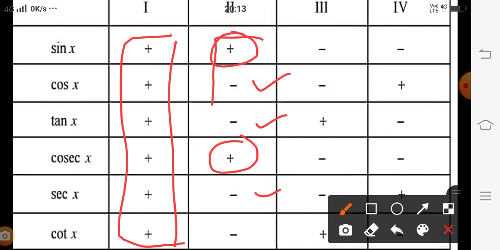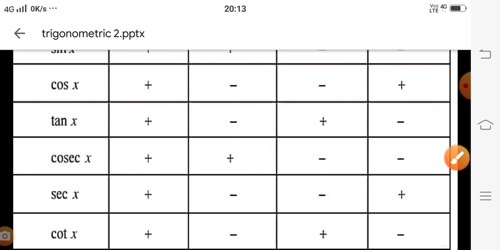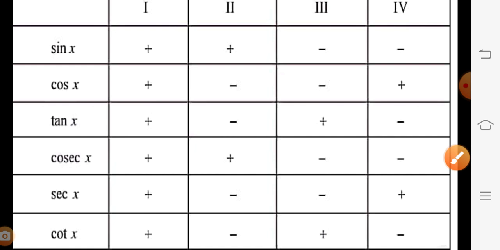If you observe the third quadrant, only tan and cot are positive, and the rest of the t ratios are negative. And in the fourth one, only cos and sec are positive, and the rest of the t ratios are negative.